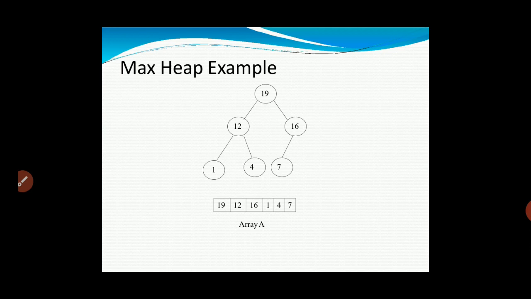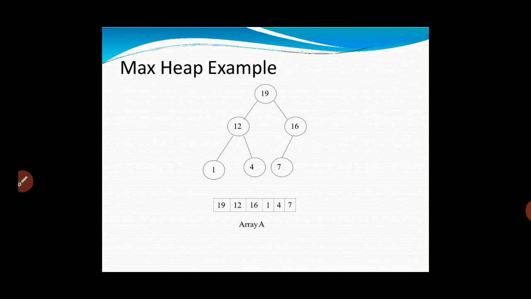In a max heap, every node is greater than its children. 19 has two children, and both are less than their parent. 12 is the parent of 1 and 4, and 12 is greater than both 1 and 4. 16 is the parent of 7, so 16 is greater.